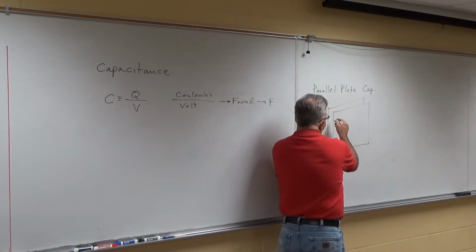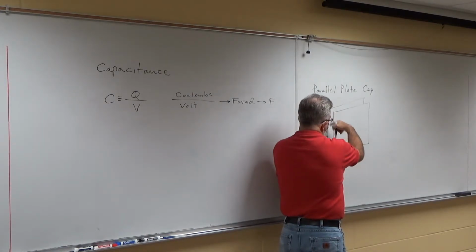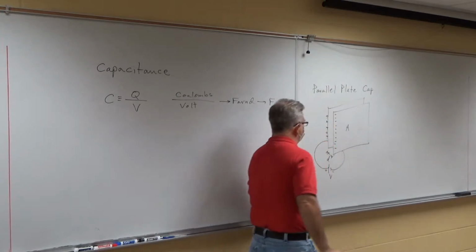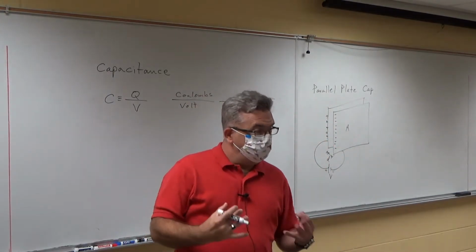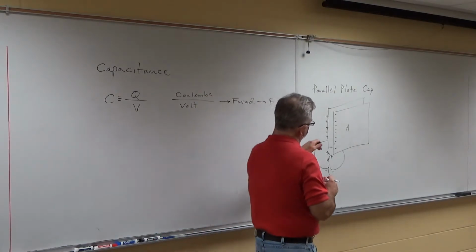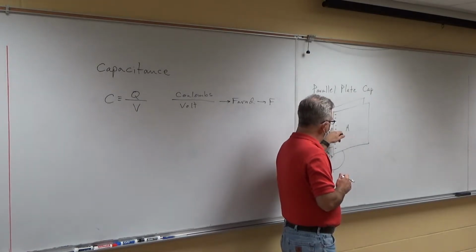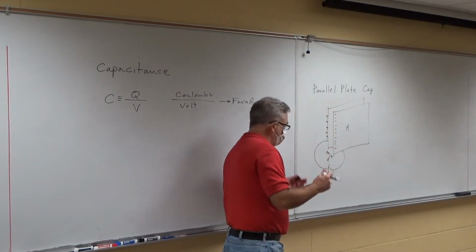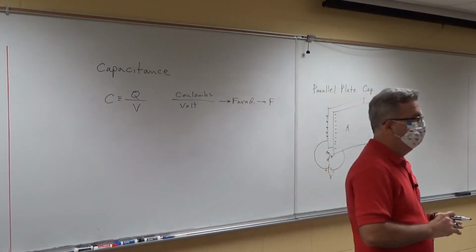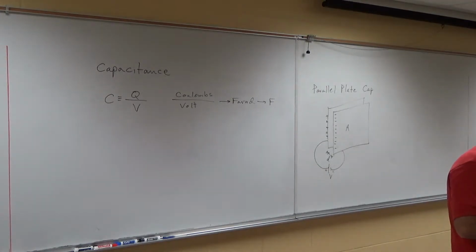It moves charge from one plate to the other, and the way I've drawn it, this plate gets positively charged, and this plate gets negatively charged. Then when there's enough electric field between the plates, when the electric field times the distance is equal to V, it all stops. The battery can't do any more work against that electric field. It doesn't have the potential to move any more charge.